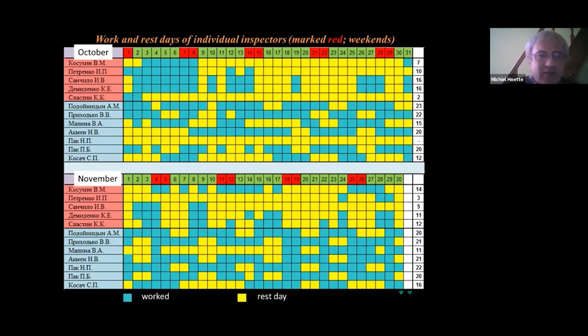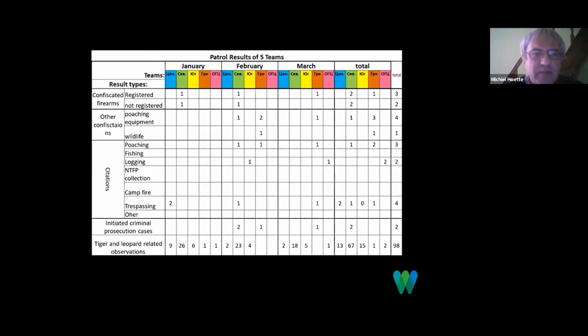So the weekends are marked red here, and in the beginning, the weekends were much more yellow, which means that they had a rest day rather than working like the other days. Basically, by making this table and saying, guys, you also have to work on the weekend, you can monitor if they do that.